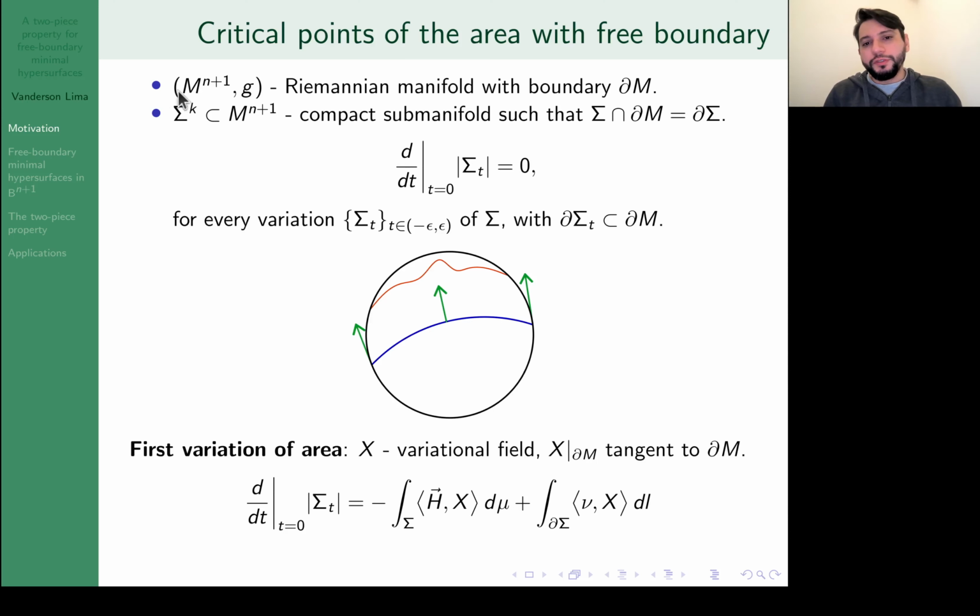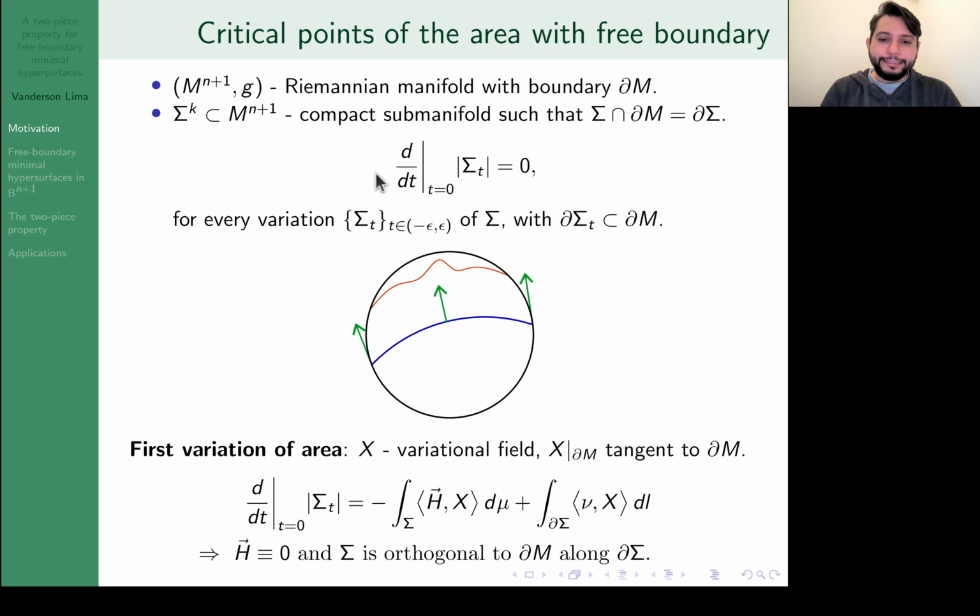And if you suppose that the first derivative of the volume is 0 for all such variations, we obtain that the submanifold is minimal, so the mean curvature vector vanishes, and sigma is orthogonal to the boundary of M along its whole boundary. So there's a variational motivation to study these objects.